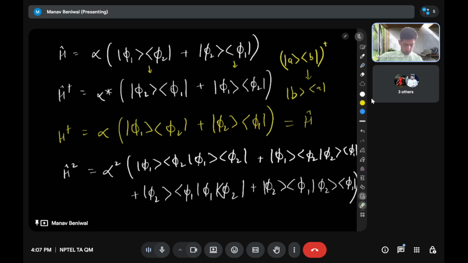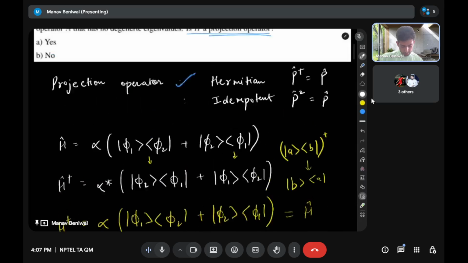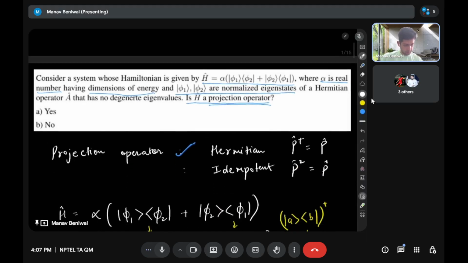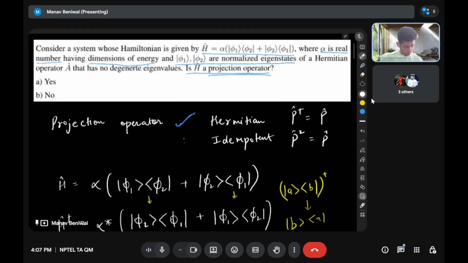Okay, so now notice that in the problem it is given that they are normalized eigenstates of a Hermitian operator A that has no degenerate eigenvalues. What will this mean?